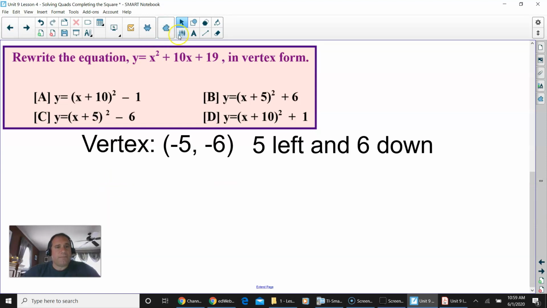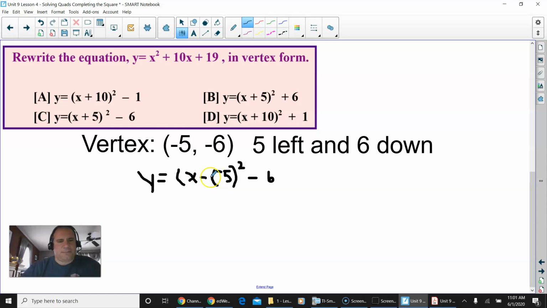So we have 5 to the left, so it's y equals x minus, because x plus, so basically right here, we have x minus -5, which is what that vertex is, and then -6, and C is your answer.